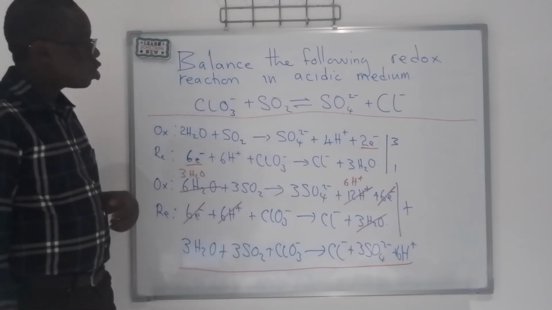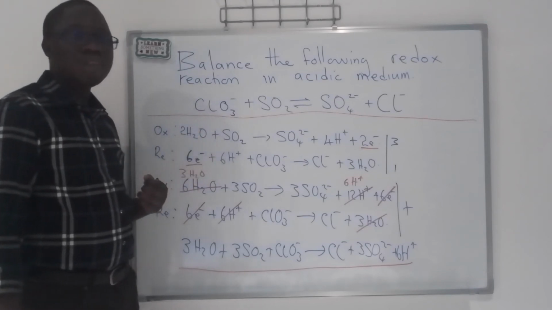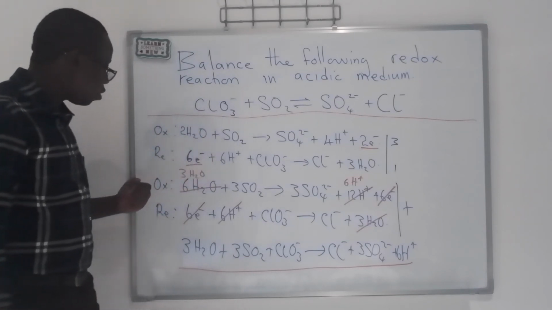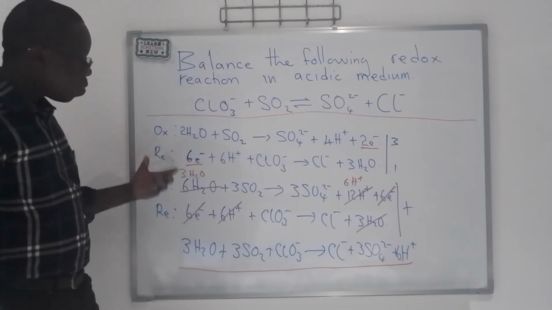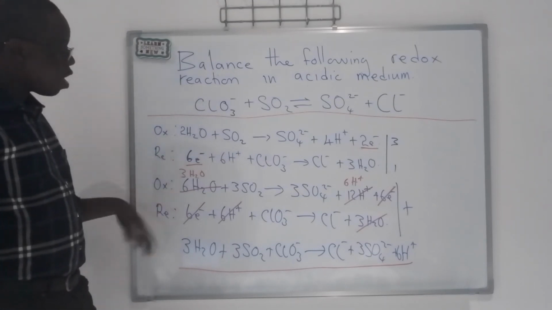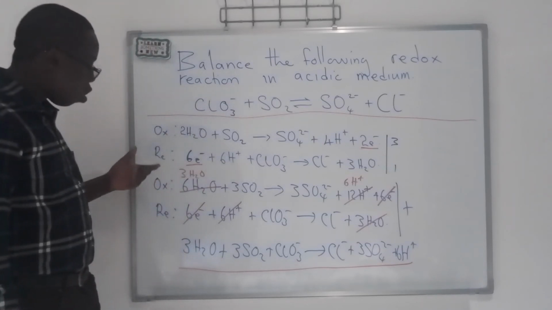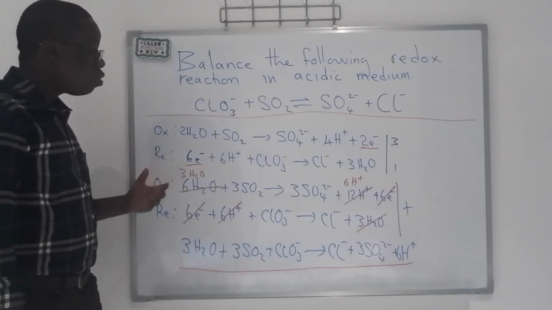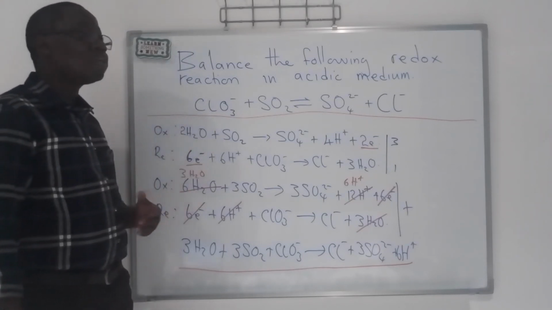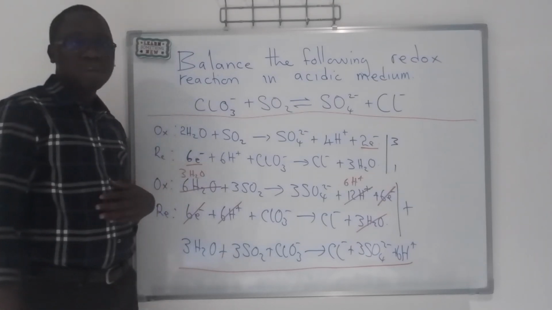When you do that, you now balance the electrons in the oxidation and reduction reaction. Thereafter, you simplify the equation by adding the 2 equations, the oxidation and the reduction reaction. If you do so, you have managed to balance in acidic media.